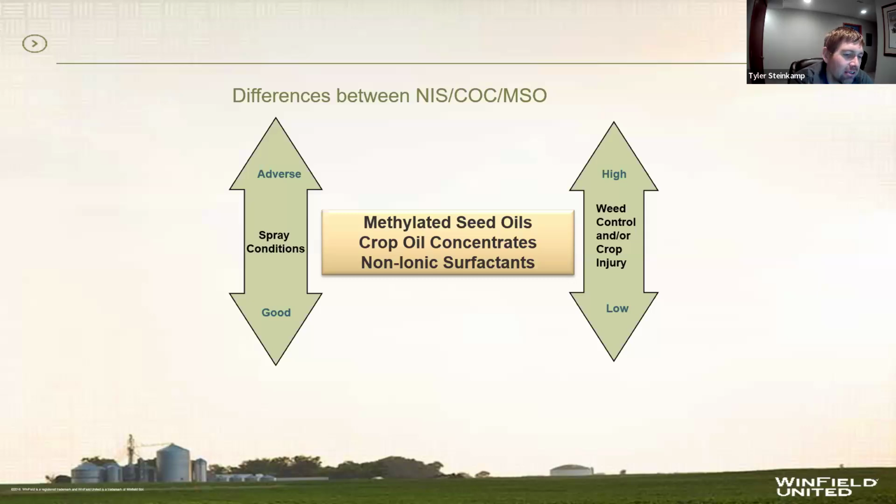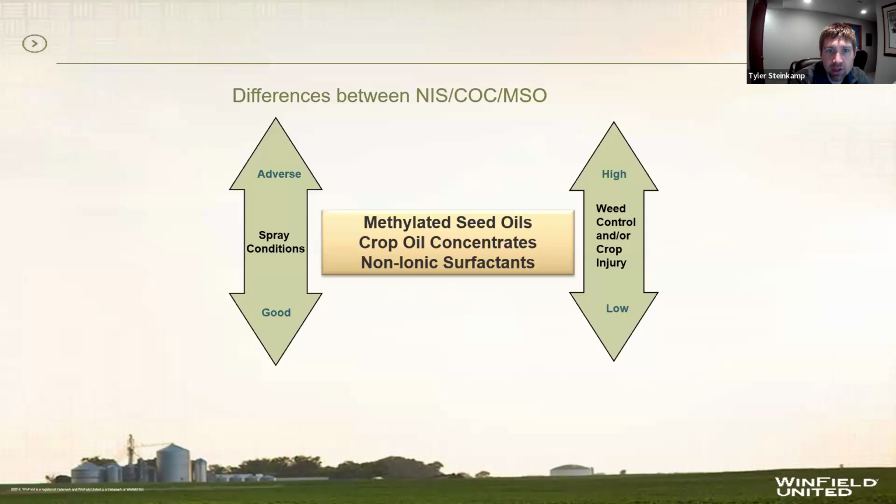And as you're starting to make these spray tank mixes, I often get questions like, oh God, I've got this and this in the tank. What can I use for adjuvants? Really, when I start to look at it, I look at the most restrictive label, and then I start to evaluate all of those as a mix. And so if you have, for example, oil already in the tank, you might back off on the rate just a little bit of the methylated seed oil.